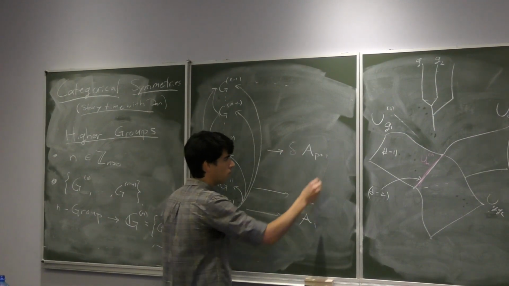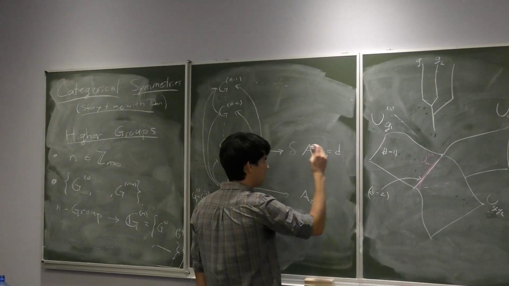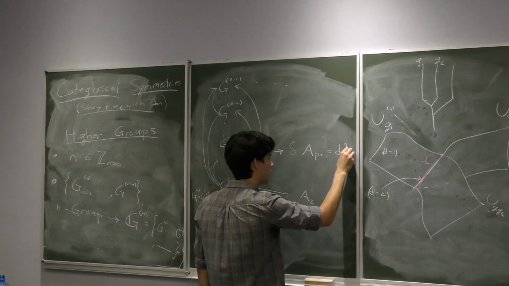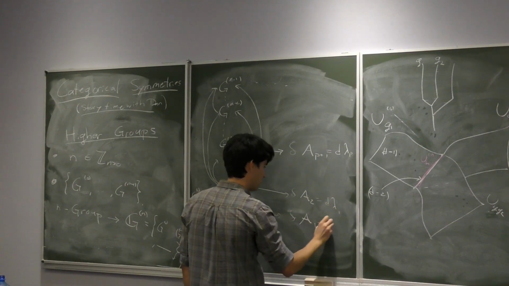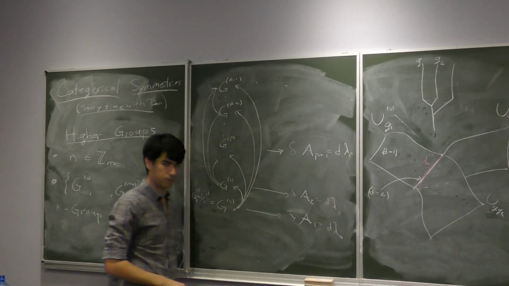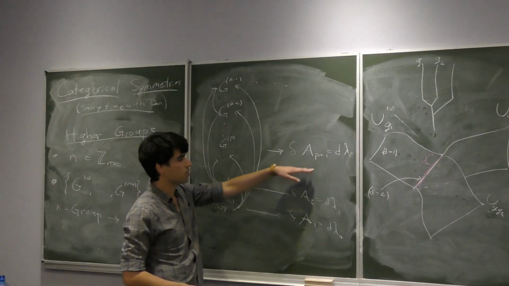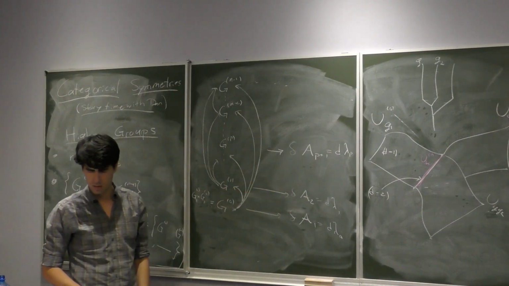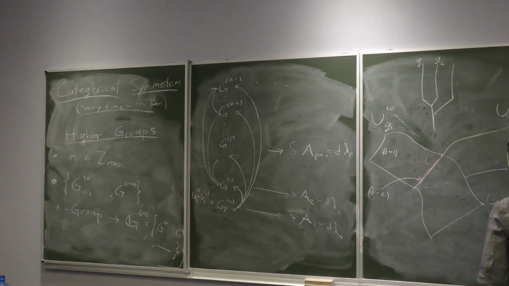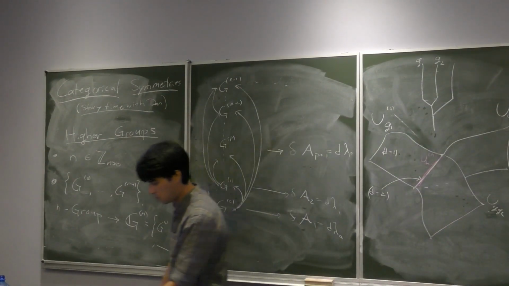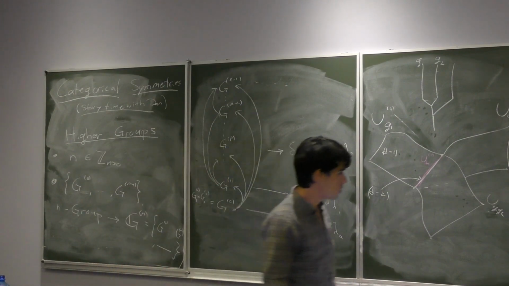And we'll say that their standard background gauge transformation is d lambda P. So this is what it would look like if you just had a product of higher form symmetries. A higher group symmetry is more complicated.